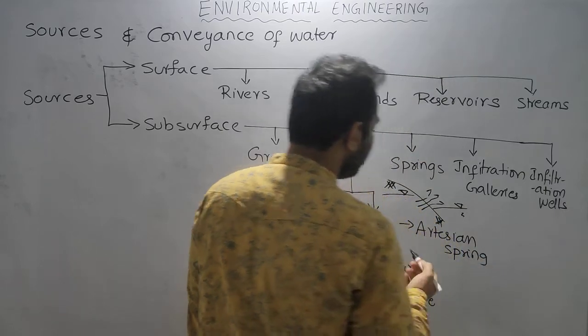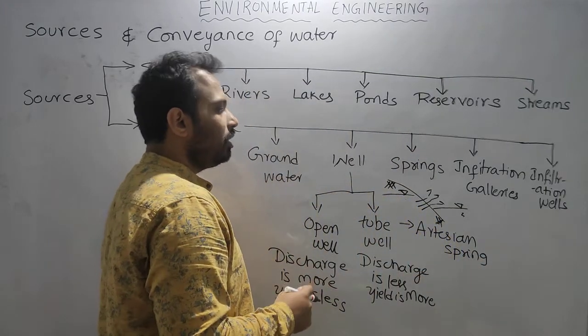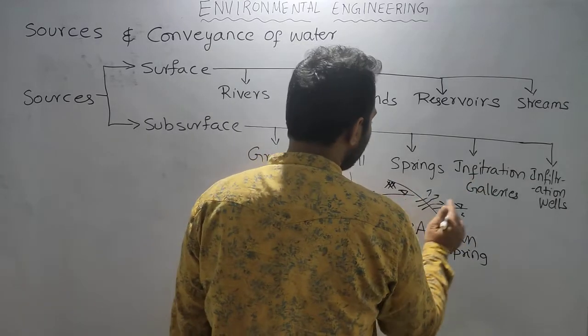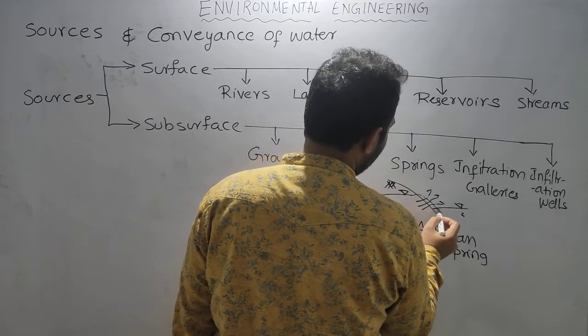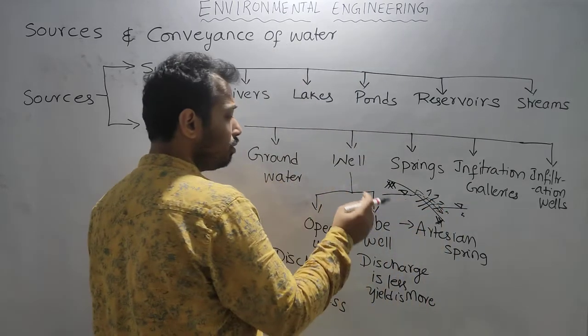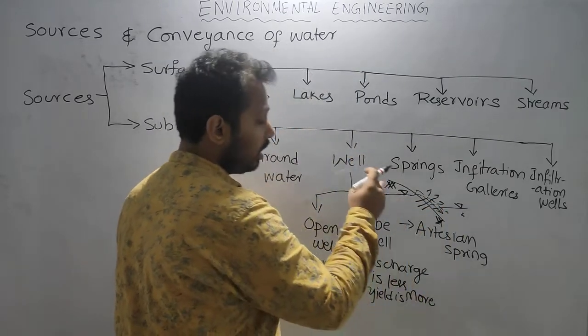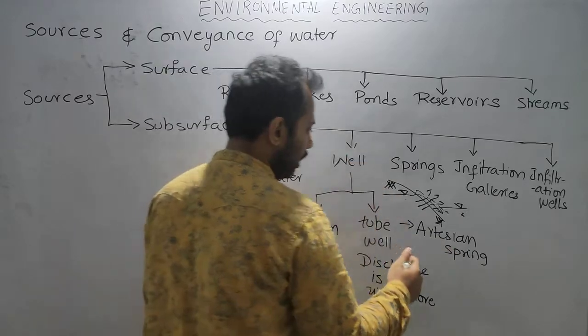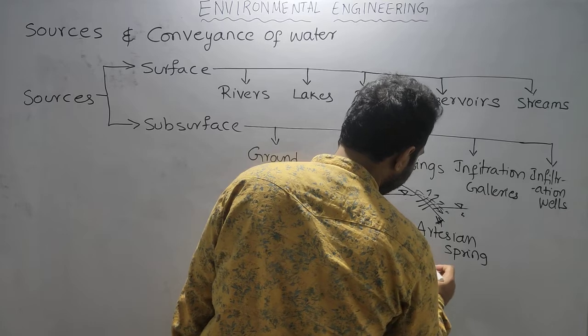And next one is gravity spring. Gravity spring means it is not coming out like a jet, it is just coming out like a gravity. So this is coming out, but it is moving down due to the effect of gravity. That is gravity spring.